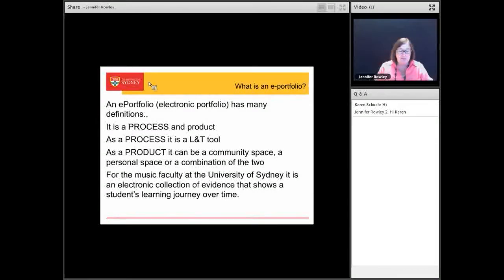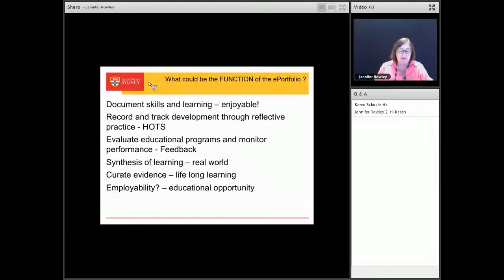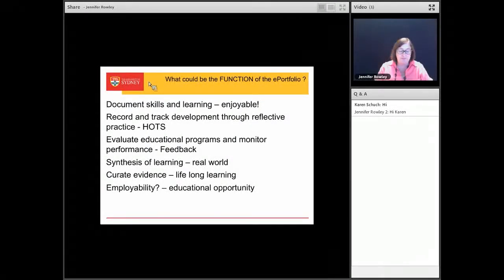So what we need to think about is, as a learning tool, does ePortfolio actually assist in that development of renewal and relevance? Well, I think that it probably does have a great contributor for that.